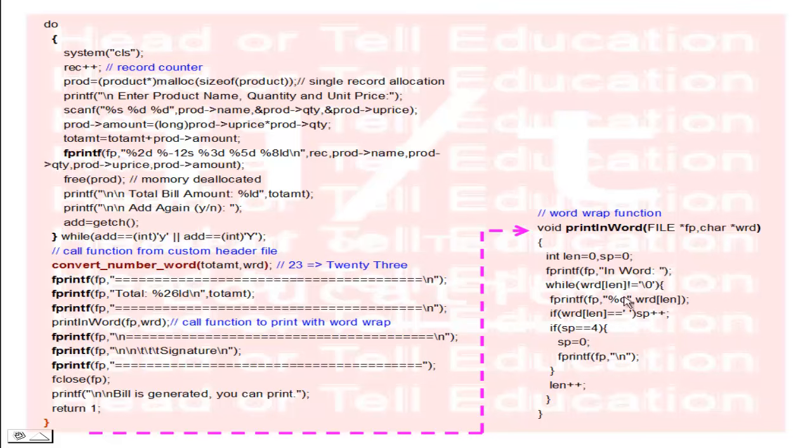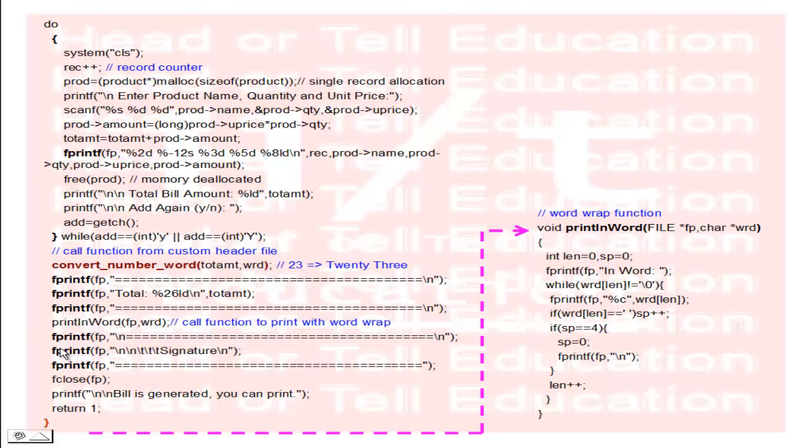After splitting by space, whenever we find a space we can count it. If the space count equals 4, then the space count is reset to 0. So if the number of words is greater than 4, like 1 2 3 4 5, then automatically after 4 the line breaks. So we write a new line here, then the length is calculated again. This function is used for word wrap.